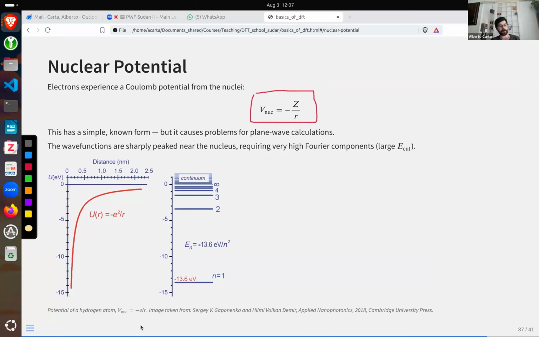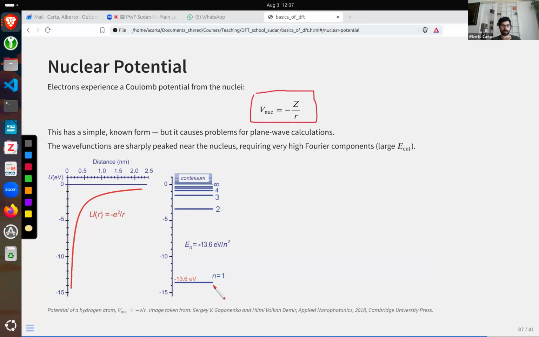For example, for the hydrogen atom, we have a potential that is very spiky. You see that the potential is actually infinite as you get closer to zero. And if we have a single atom, we know how to solve this. This is the solution of the hydrogen atom.